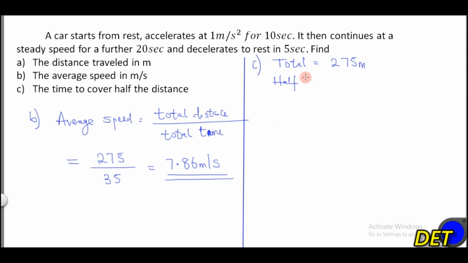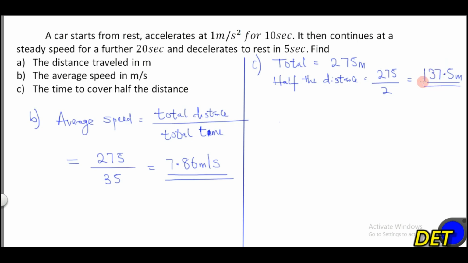Half the distance will be equal to 275 divided by 2, and that will be equal to 137.5 meters, right? So this is half the distance.